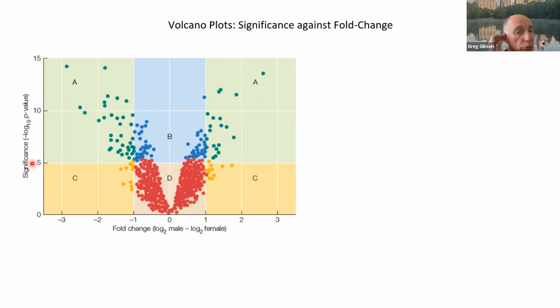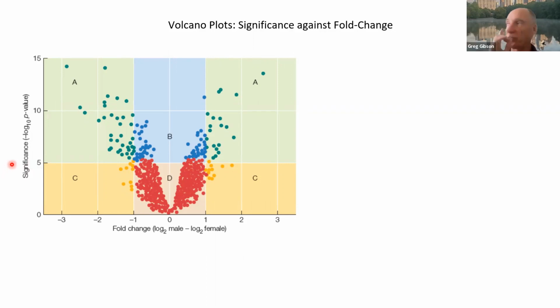Typically, what people do in multiple comparison adjustment is something called the Bonferroni correction. You take the number of tests that you've done and you take your nominal p-value. Normally that nominal p-value is 0.05, or 1 in 20.